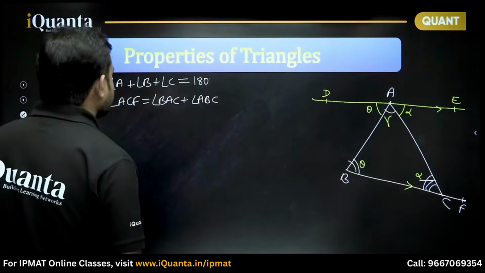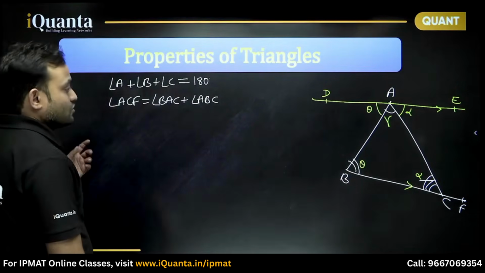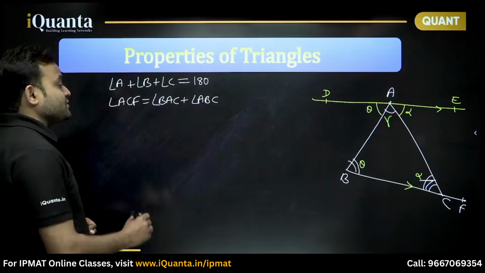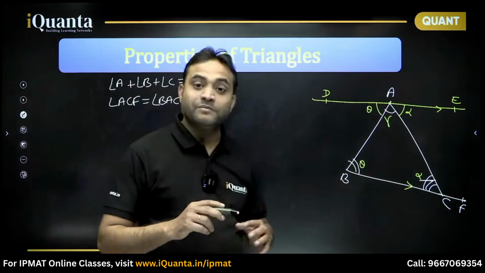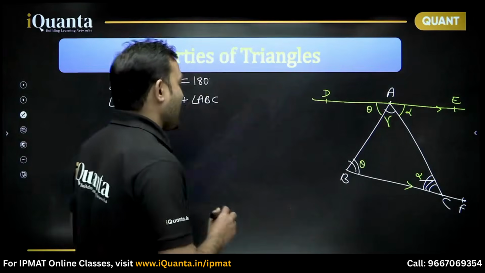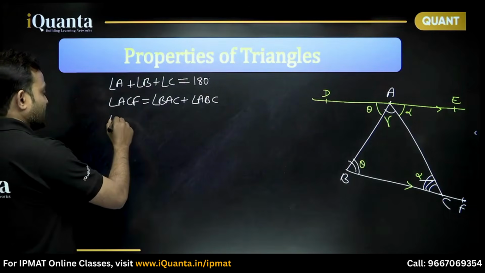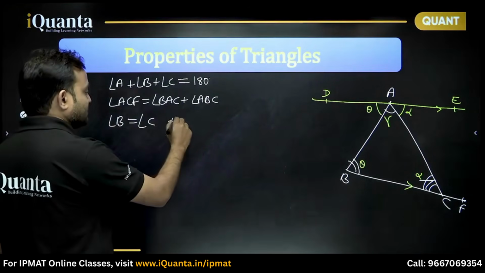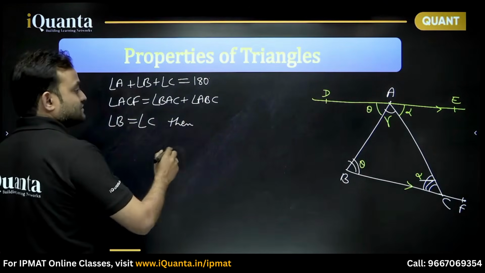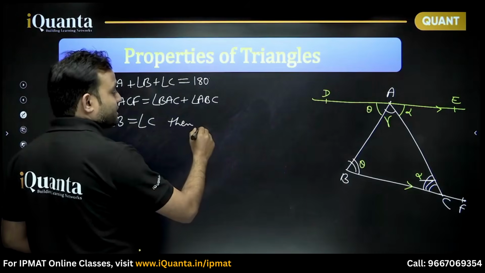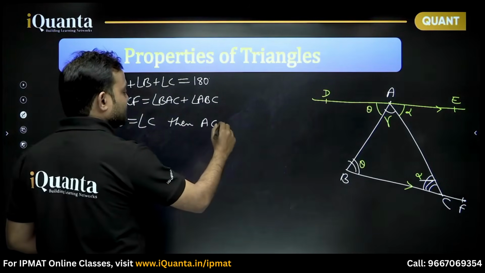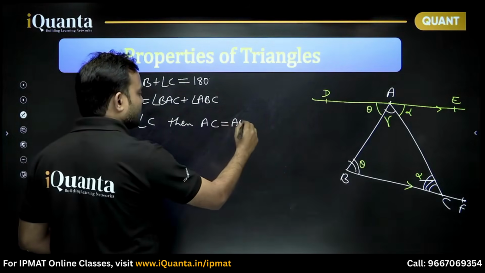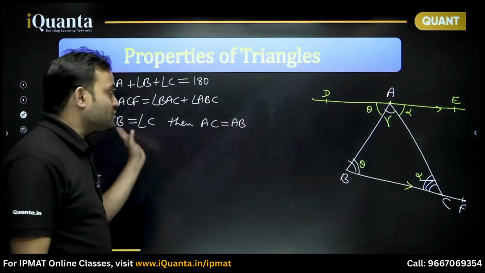opposite interior angles. Now, next, if we talk about the relation between the angles, if angle B is equal to angle C, then we can say that their corresponding opposite sides will be equal, like AC will be equal to AB, and vice versa is also true.